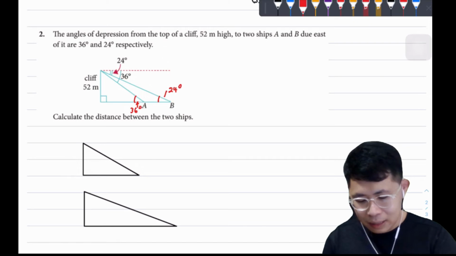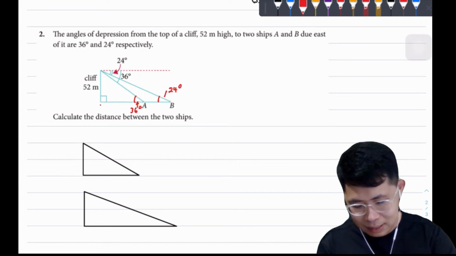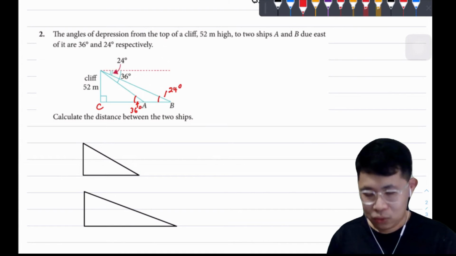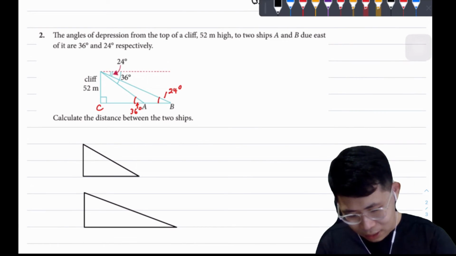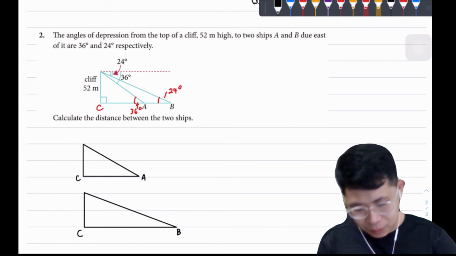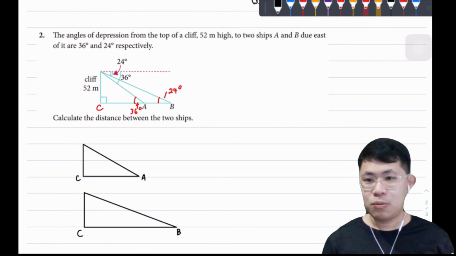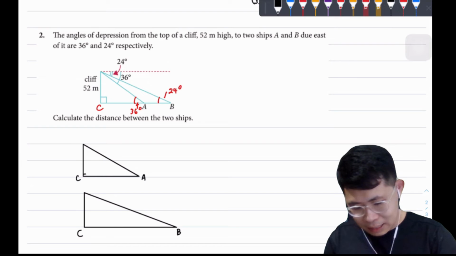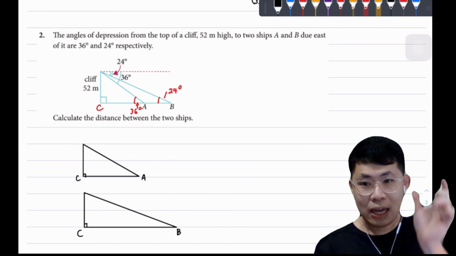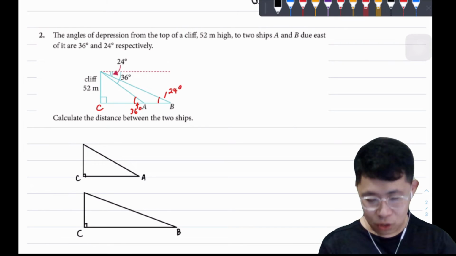I'm going to let the bottom of the cliff be C, and this will help me very much to label stuff. So I have C to A, I have C to B. In order to look for the distance between two ships, I'm going to look at CB minus CA. So AB will be equal to the long one minus the short one.